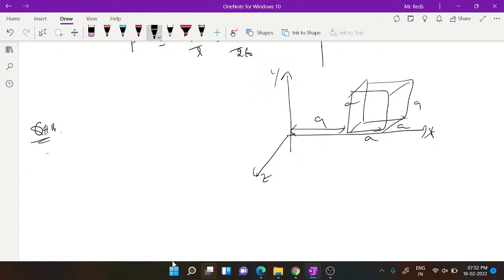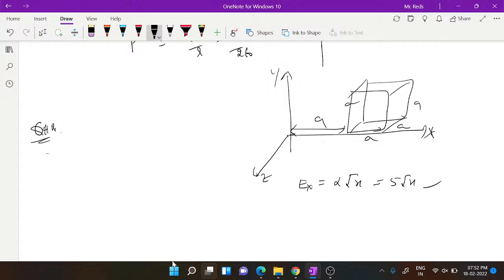All are equal. In the y and z directions there is no electric field, but in the x direction the electric field is given as alpha into root x. And alpha is 5, so 5 root x is Ex. Then you are asked to find the flux through the cube.